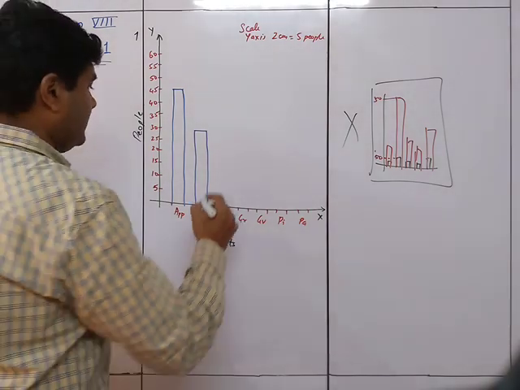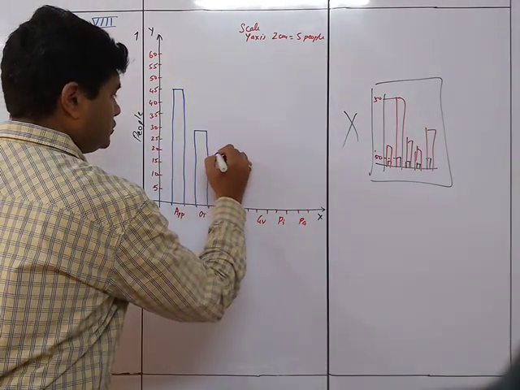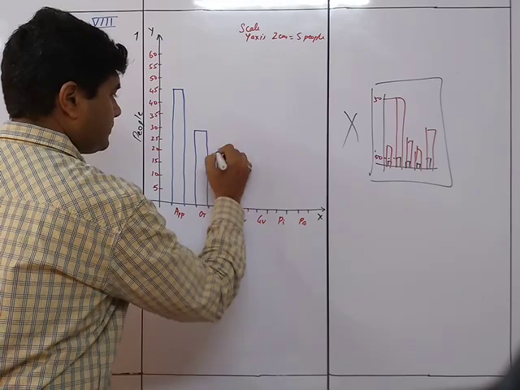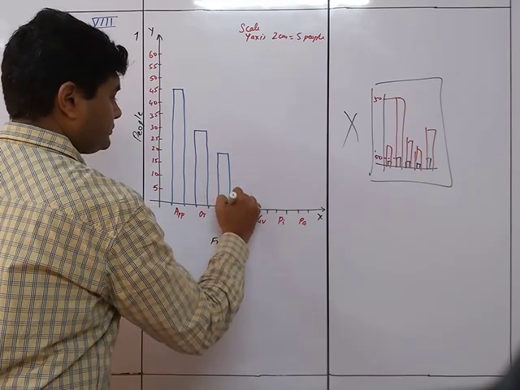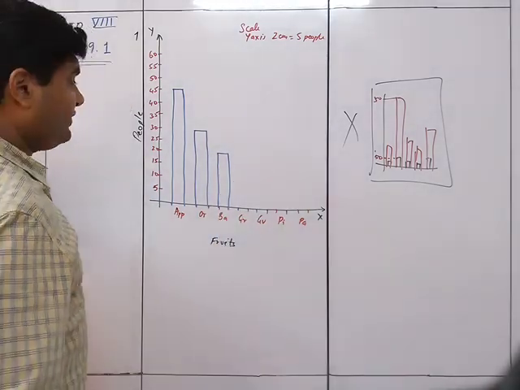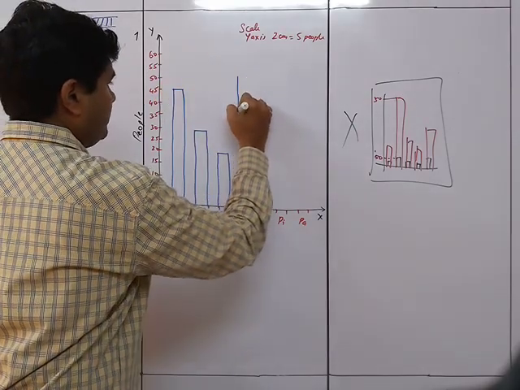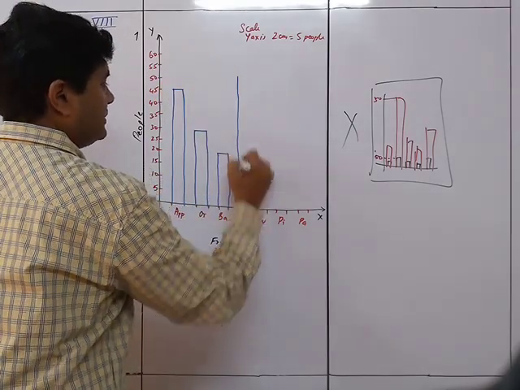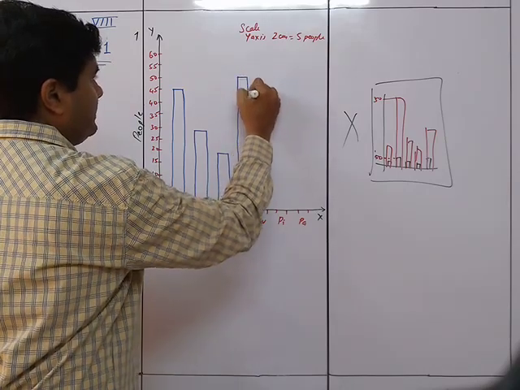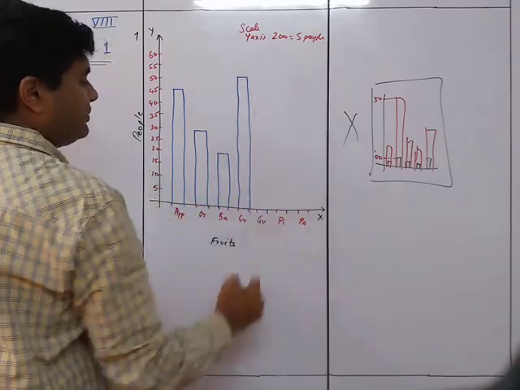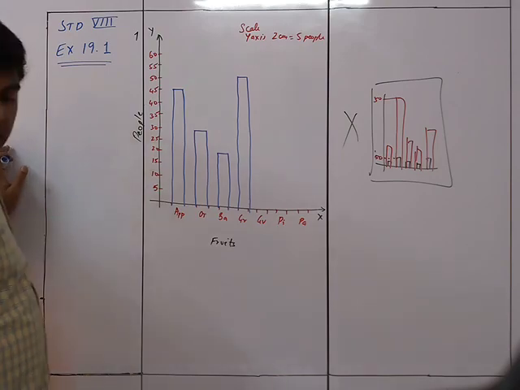Next is 20 banana, so banana will be like this. Next is 50 grapes, so 50 is over here, and that will be grapes, which will be 50.